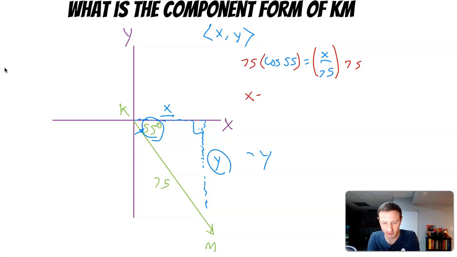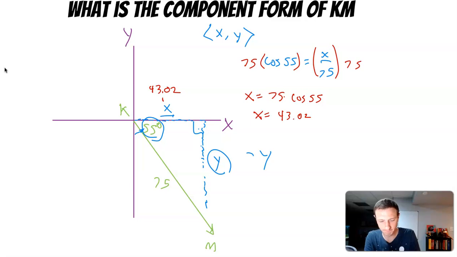So I get x is equal to 75 times the cosine of 55. Let me get this in my calculator. 75 times the cosine of 55 is going to be 43.02. So this x value is 43.02. Okay, cool.